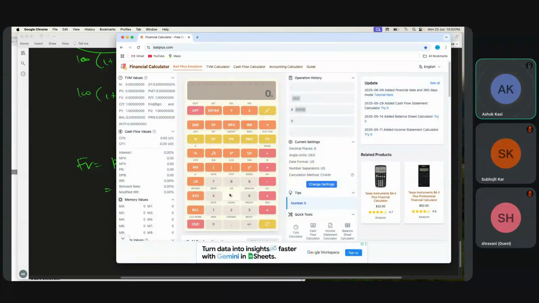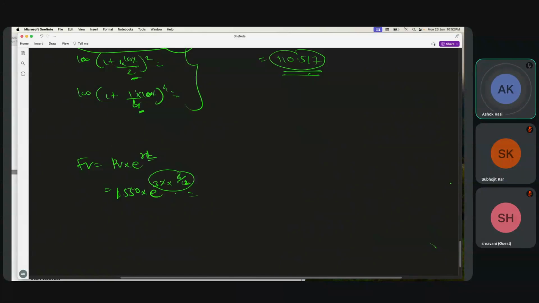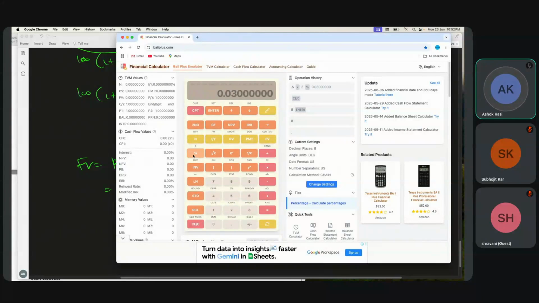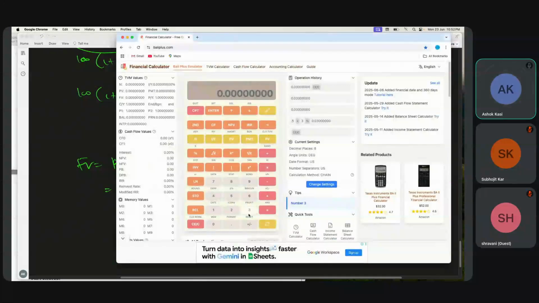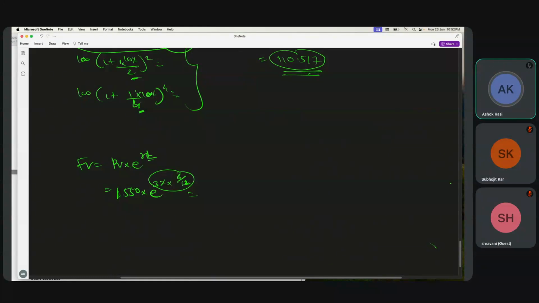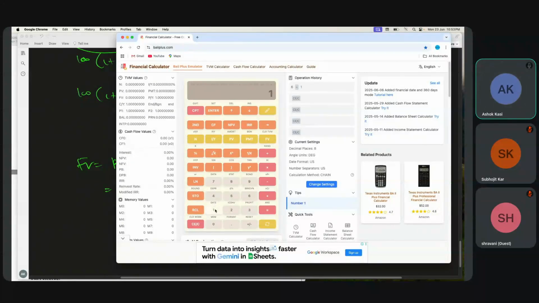So 0.5 into 3% equal to, what happened? 3% into 0.5 equal to this much only, and it is 1.5.